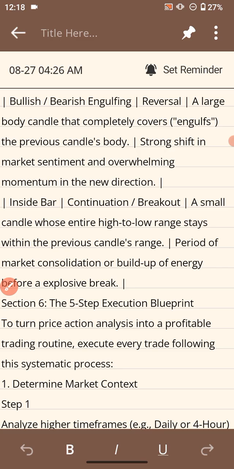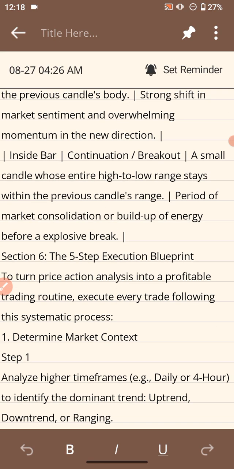So inside bar continuation, breakout: a small candle whose entire high to low range stays within the previous candle range. Period of market consolidation or build up of energy before an explosive break.